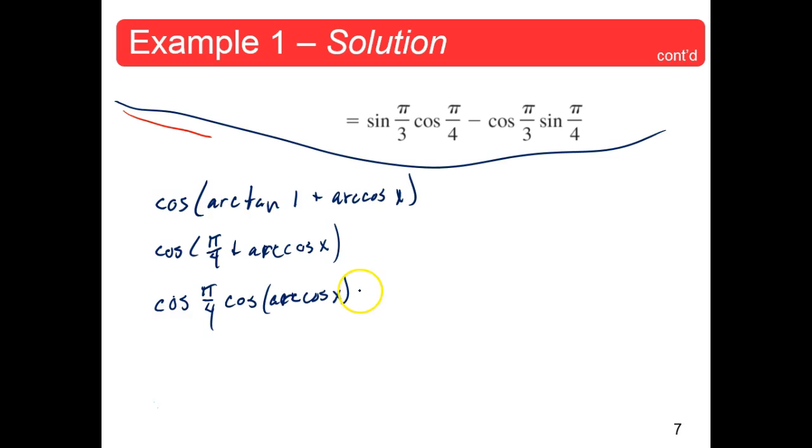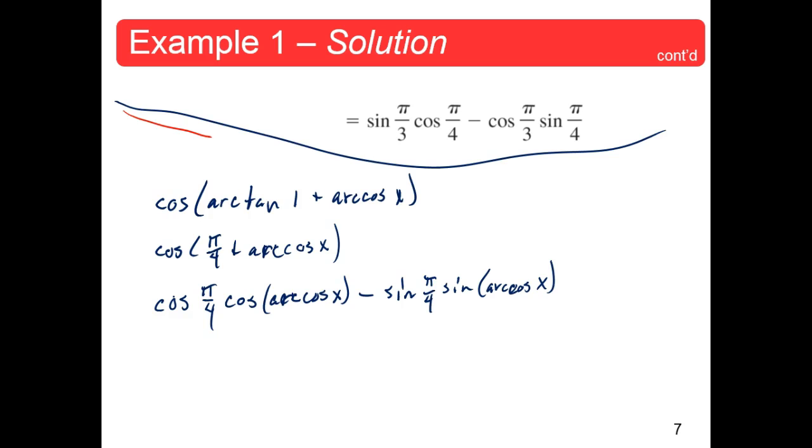What was the second part? Sine of pi fourths times the sine of the arccosine of x. Okay. So that's from our formula for the cosine of a sum of two angles.